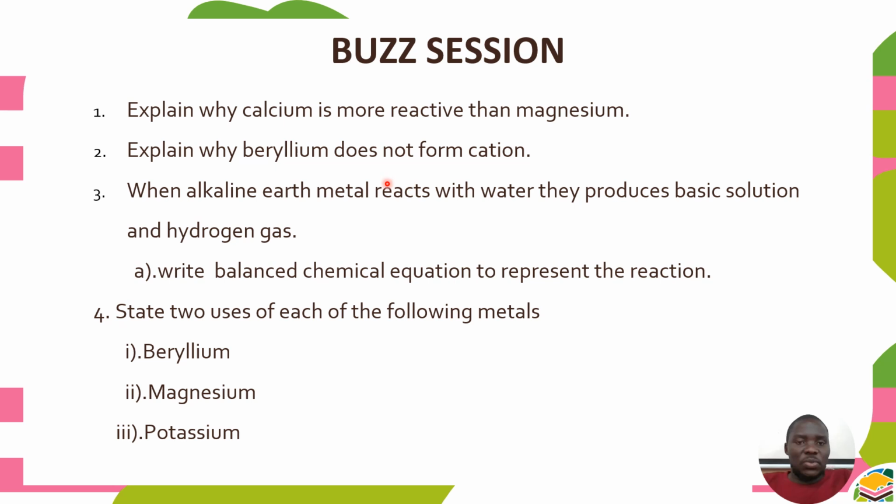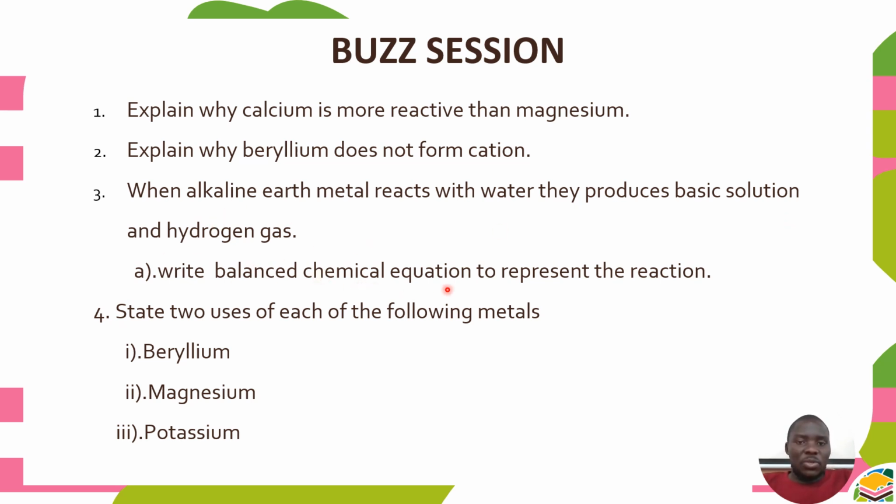Now we have the past session here. The questions that we are supposed to go through are based on what we have covered. Explain why calcium is more reactive than magnesium. Explain why beryllium does not form cations. Explain when an alkaline earth metal reacts with water, they produce a basic solution and hydrogen gas.